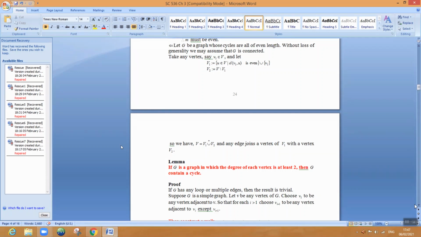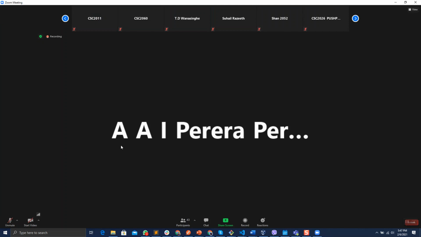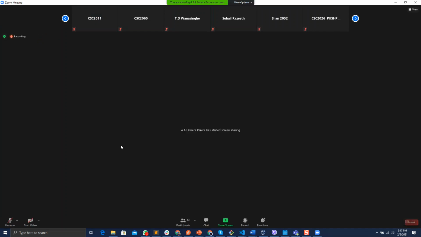So then we take any vertex of the graph. Then adjacent to V, we take V1, adjacent to V1, V2, like that we are going. So it says that if each vertex has at least degree 2, then it has a cycle.